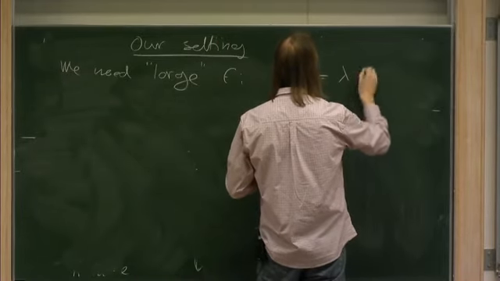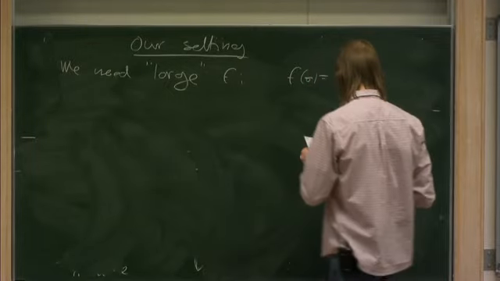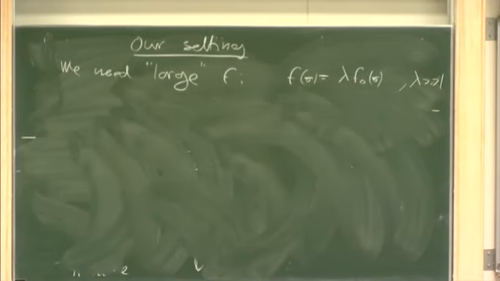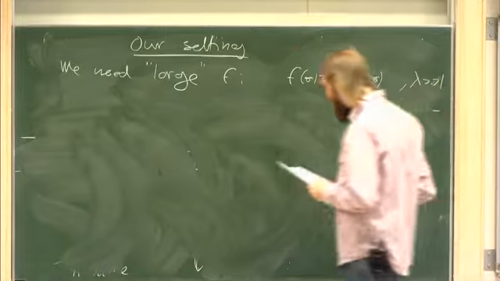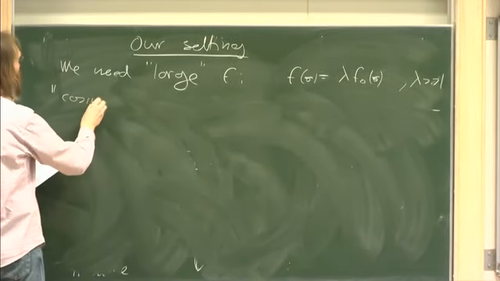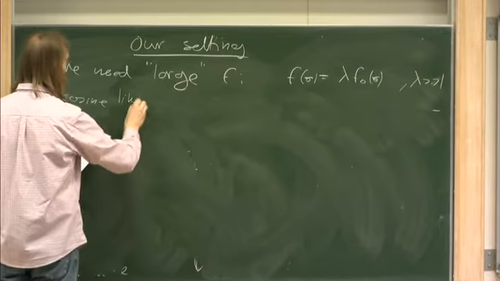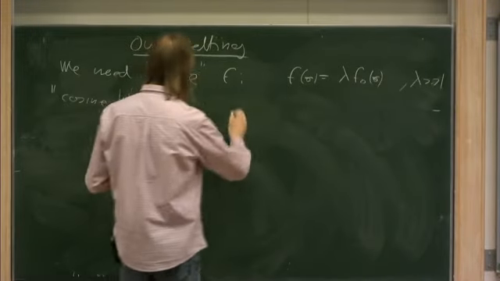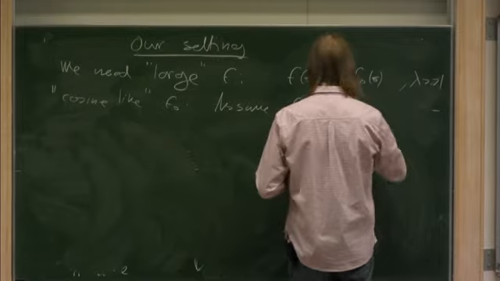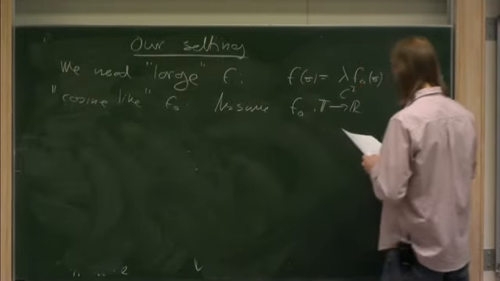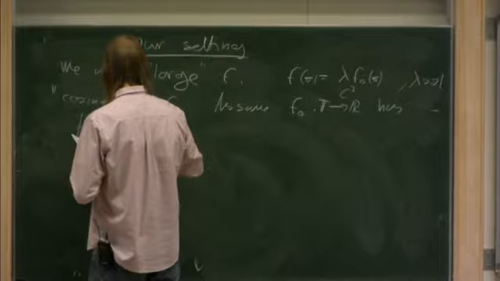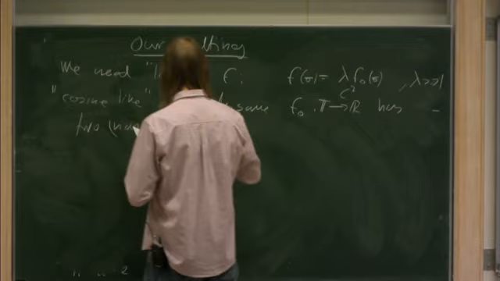So we take f of theta to be lambda f_0 of theta, where lambda is very big and f_0 is some given function. And then we take f_0 to be cosine-like, meaning that we assume that this f_0 from the torus T to R is C^2 and has exactly two non-degenerate critical points.